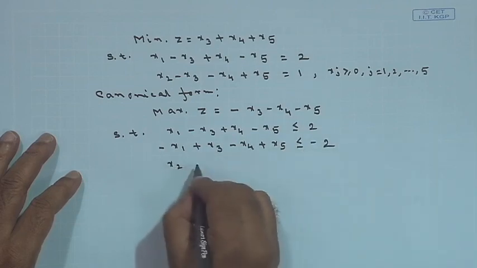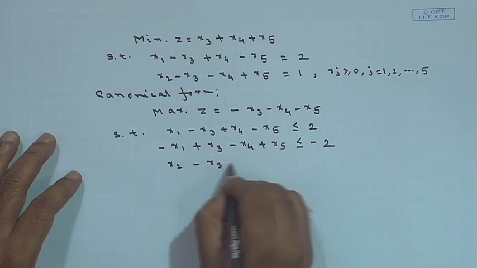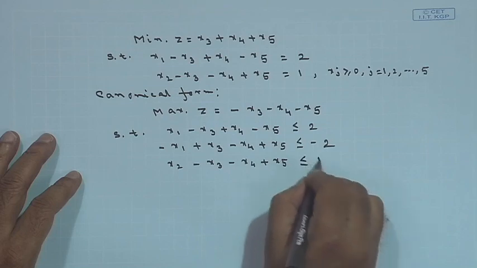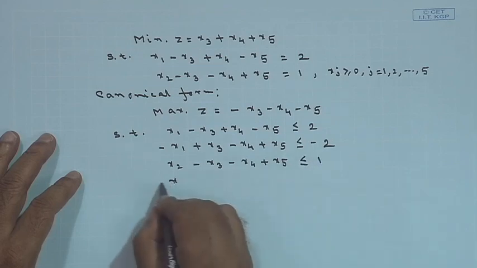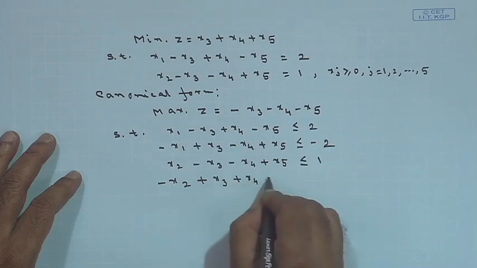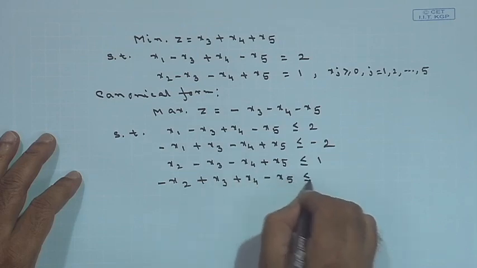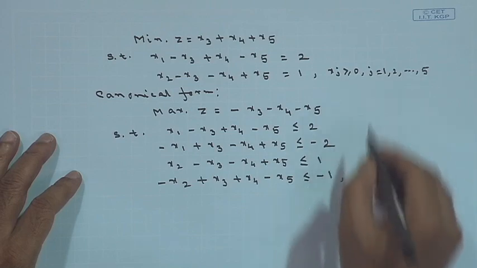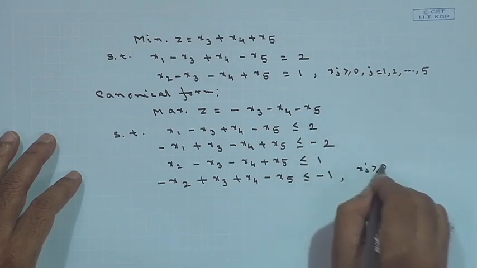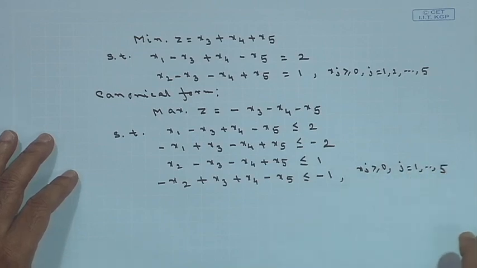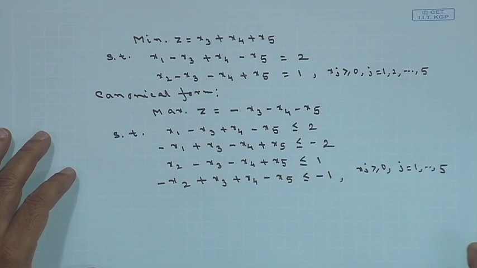Similarly, x2 minus x3 minus x4 plus x5 less than or equal to 1, and minus x2 plus x3 plus x4 minus x5 less than or equal to minus 1. And of course, xj is greater than or equal to 0, where j lies between 1 to 5. So, now your problem is in the canonical form.